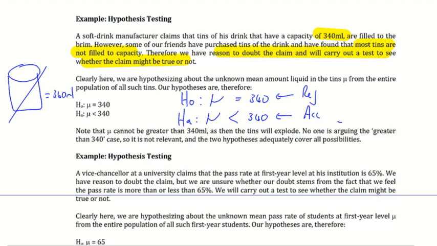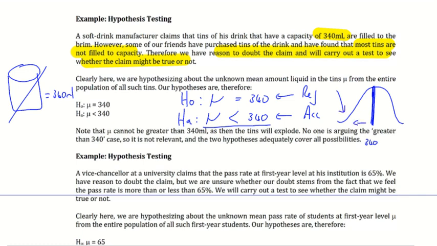Again, let's ask ourselves the question, what am I trying to prove? There's my normal distribution. I'm trying to prove that the mean content is, and now remember, 340 mils is my middle. That's my mean. And I'm trying to say that the contents of the drink is less than 340. So I'm going to be working in the left tail, less than 340.